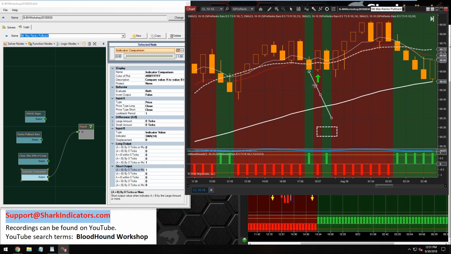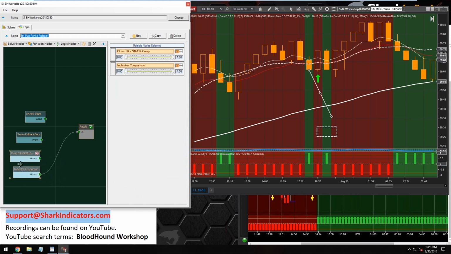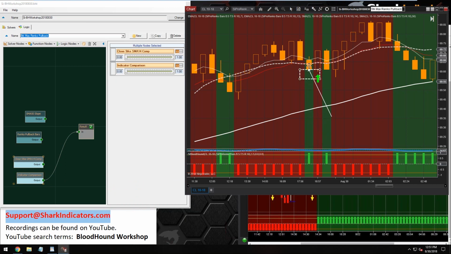So here we have a long output when the close of the bar is below our SMA, and a short output if the bar closes above it. Okay, so these two together basically create this 5-tick window distance.